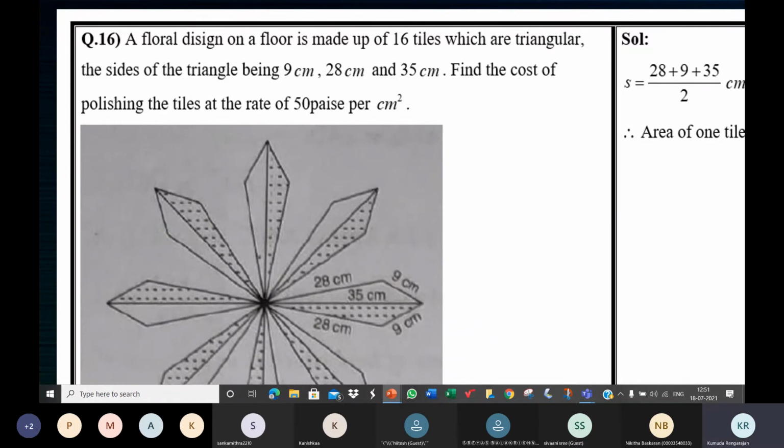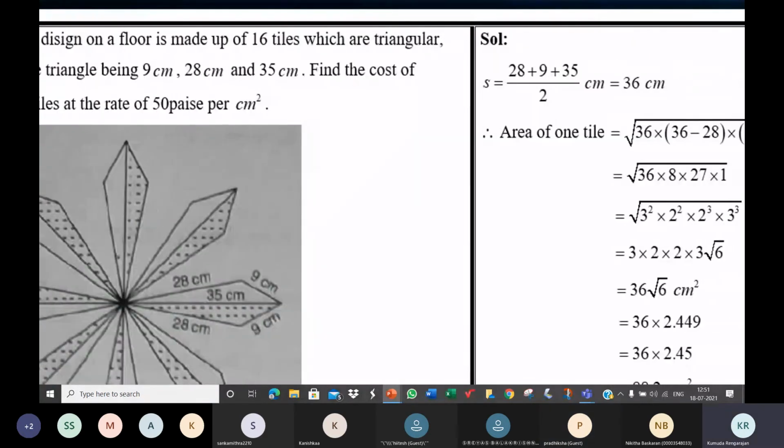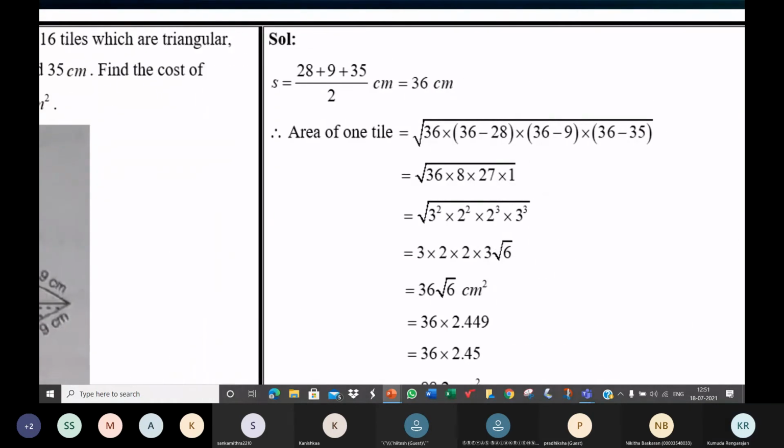Has anyone else completed till there? We also got 36 root 6, ma'am. 36 root 6 you got. Okay, then that should be right. Somebody said 36 root 3. Please check your mistake.